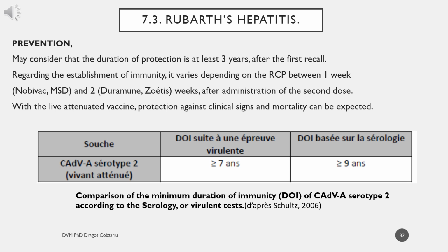Regarding the establishment of immunity, it varies depending on the RCP between 1 week, Nobivac, MSD, and 2 weeks, Duramun, Zoetis, after administration of the second dose. With the live attenuated vaccine, protection against clinical signs and mortality can be expected. Comparison of the minimum duration of immunity, DOI, of CAV-2 according to the serology, or virulent tests.